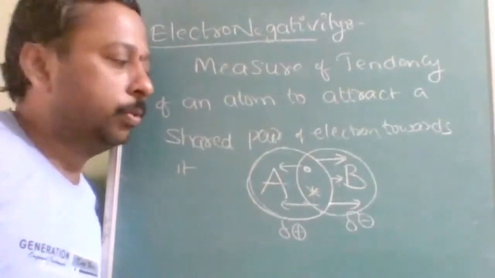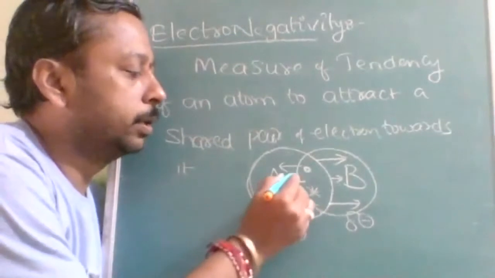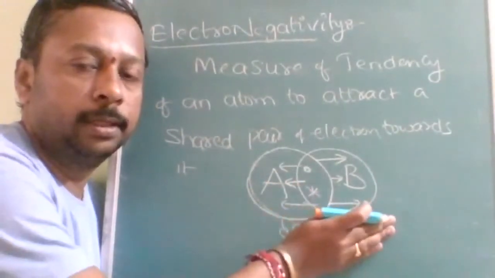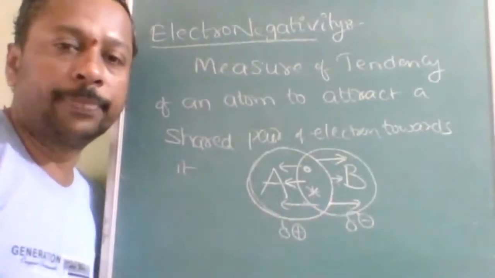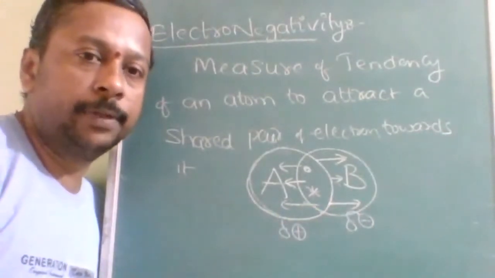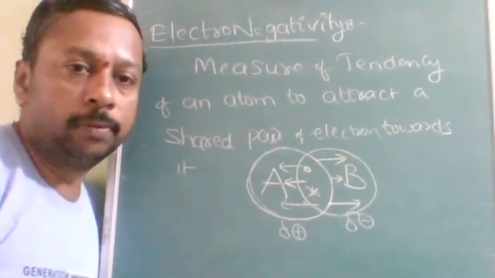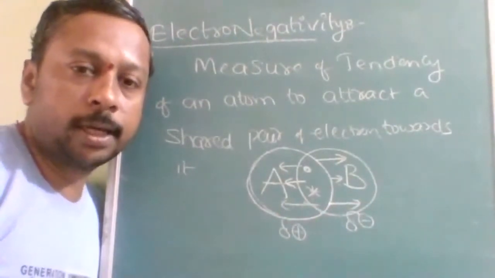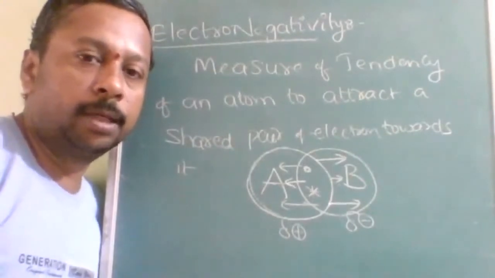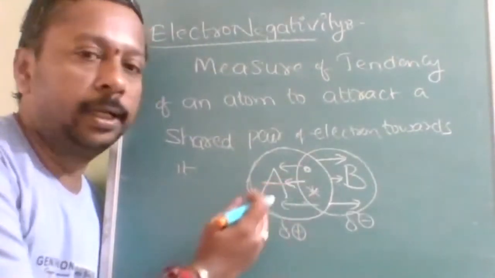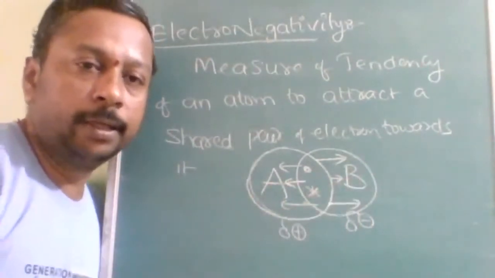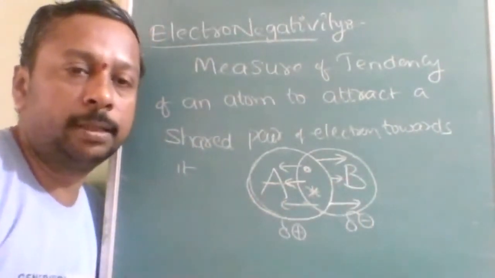If they are both equally attracting, then the positive charge will not be there, and the negative charge also will not be there, because of which there is 100% covalent character. But that is provided both pull equally on each side, and it is very rare in heteroatomic atoms.